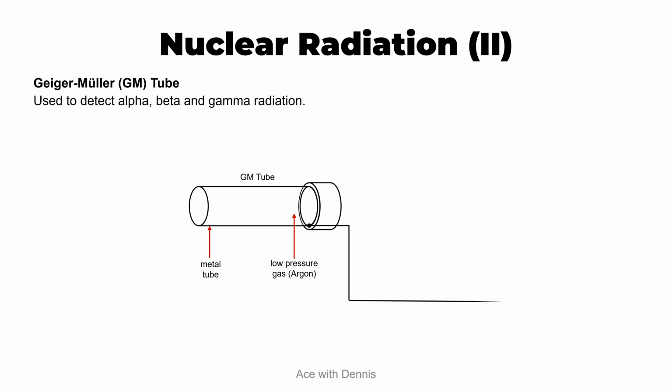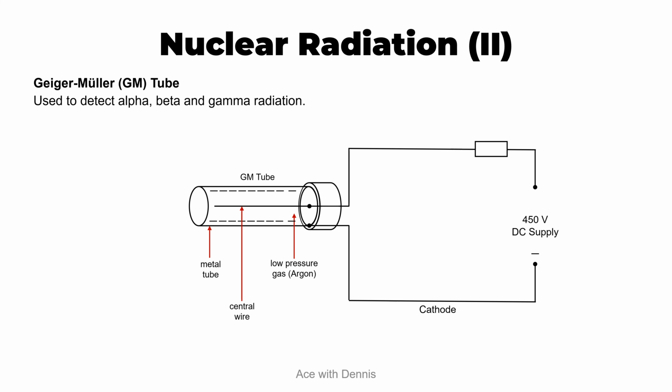The metal tube is connected to the negative terminal of a 450 volt DC supply, and hence this connection is the cathode, which causes the metal tube to be negatively charged. In the middle of the metal tube is a central wire. This central wire is connected to the positive terminal of the 450 volt DC supply, hence it is called the anode, and the central wire is positively charged.